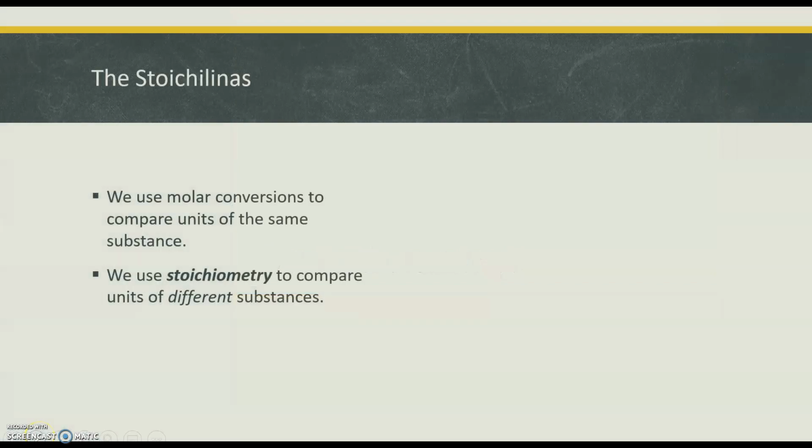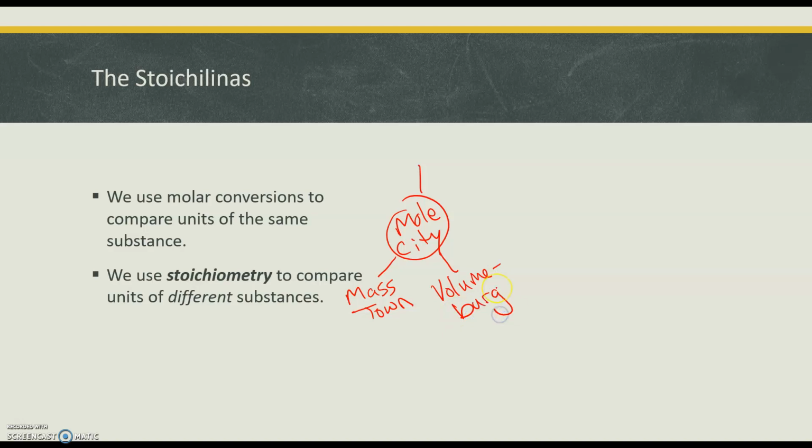So we know that we use molar conversions to compare units within the same substance. And we have our nice friendly mole city map to help us do that. Mole city map contains mole city in the center and the three suburbs around it, which are Masstown, Volumeburg, and Particleville.